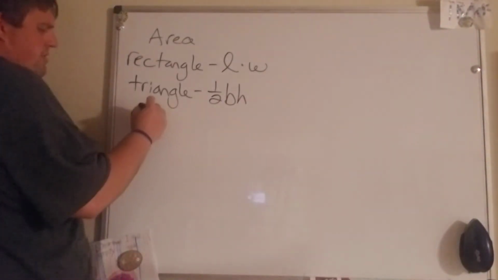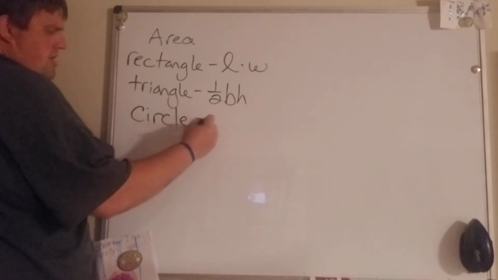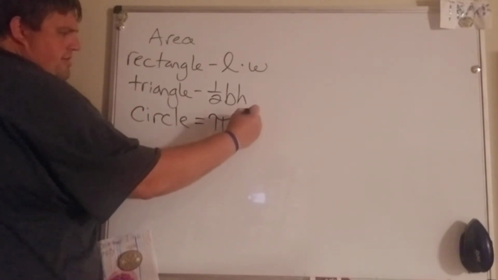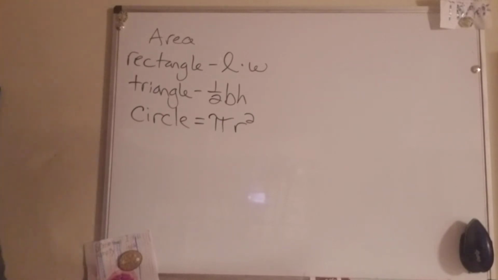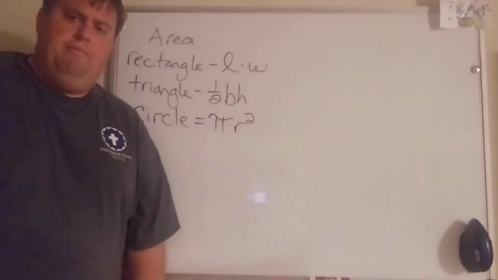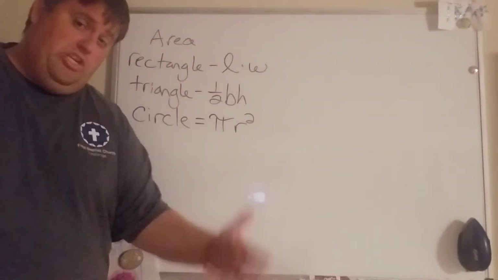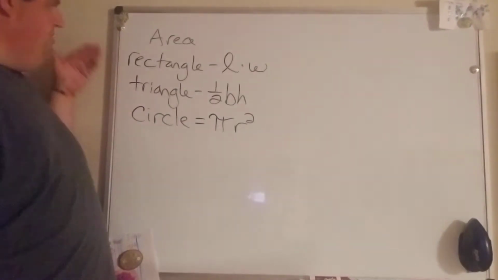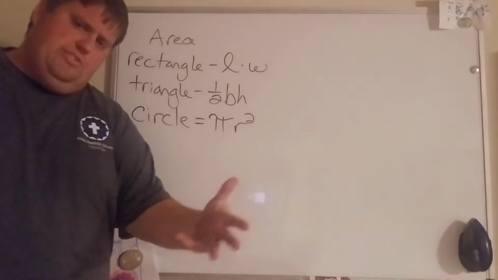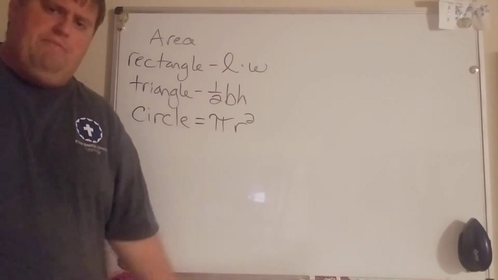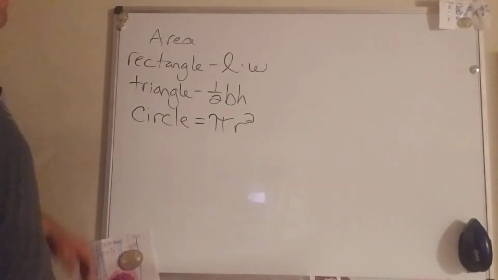And you should also know a circle, which is pi r squared, where r is obviously the radius. Those areas are things that you should know how to do. So all of those are kind of up for grabs. Everything else, you probably don't know how to find the area of, so they'll probably give it to you.